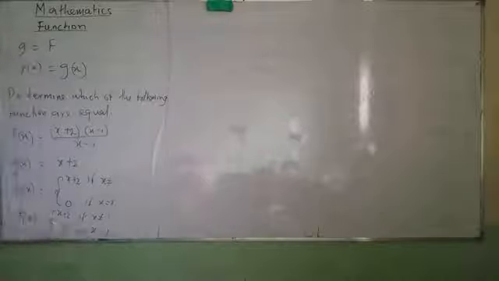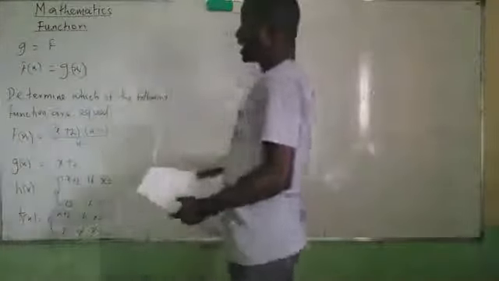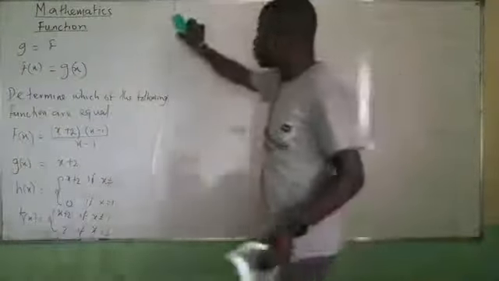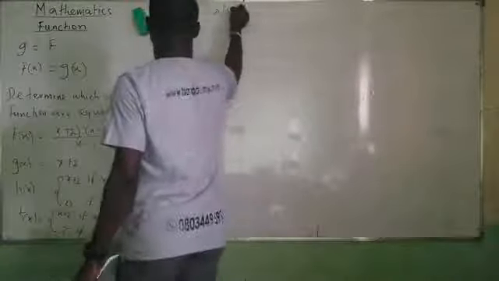Now, this is a very nice question that somebody can ask at any time: determine which of the following functions are equal. What you just need to do here is not very hard. Just calm down and try to understand the question. Don't forget, I can write, I'm now on the solution.